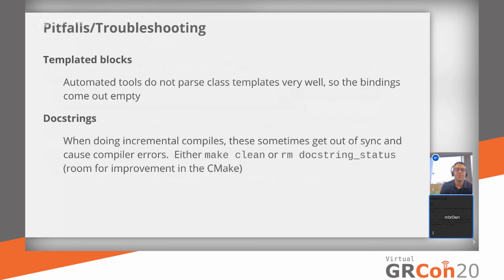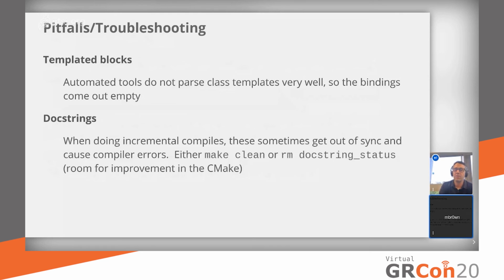So now, of course, this isn't all new. There are things that we're going to run into, and I just want to highlight a few of them so that there are no big surprises. If you have blocks that use C++ templates to have different typed interfaces, say you have an add block that uses standard templates, and then you have a float version, a complex version, a uint8 version, this is not going to work great with PyGCCXML specifically.